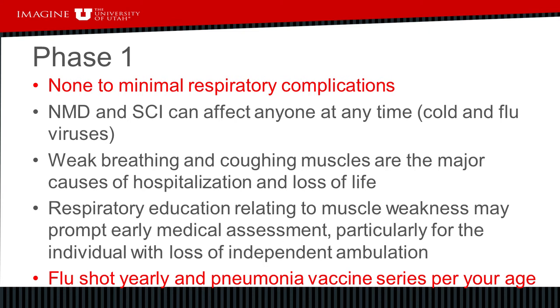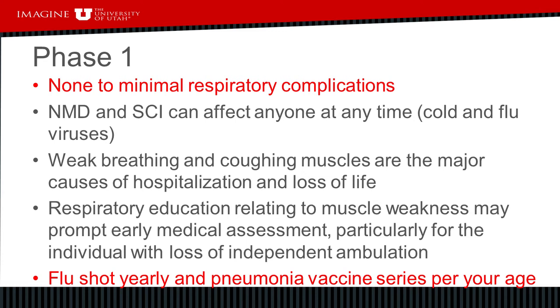And neuromuscular disease can affect anyone at any time, in the sense that patients could get a cold or a flu virus, or in current times, COVID as well. And weak breathing and coughing muscles are the causes of hospitalization and loss of life for these patients. Respiratory education regarding muscle weakness can prompt early assessment.